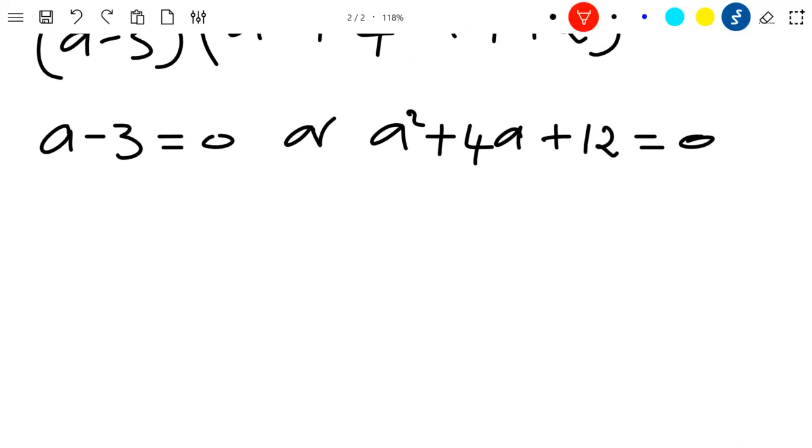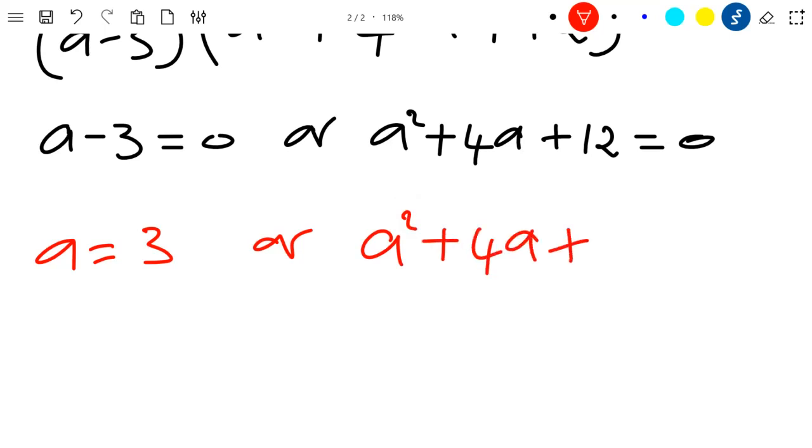Let me write it. We have the first solution, a equal to 3, or the second one is a^2 + 4a + 12 equal to 0. Now let's solve the second equation using delta.